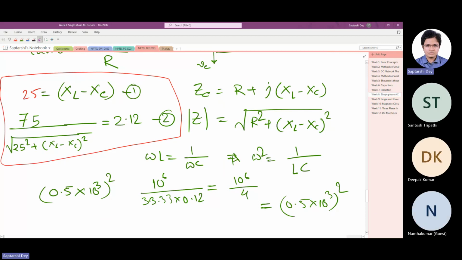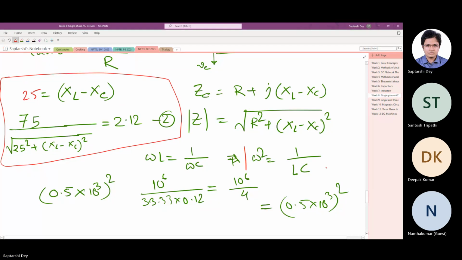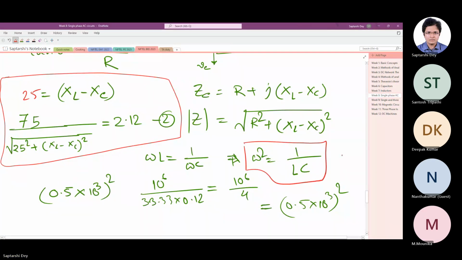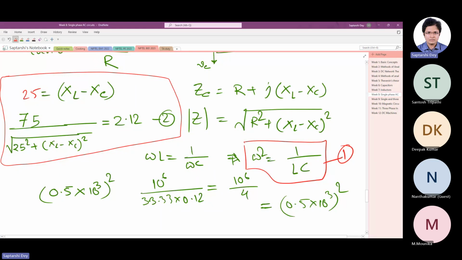So 1 and 2, these are not the two equations. The other equation is this. One equation comes from the current, the other equation comes from the resonance. So omega squared is 1 by LC. They have given that.